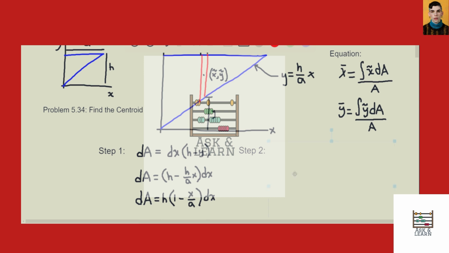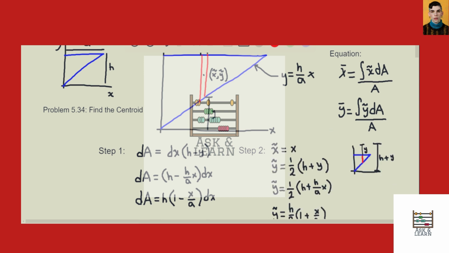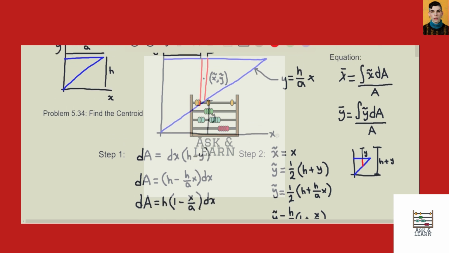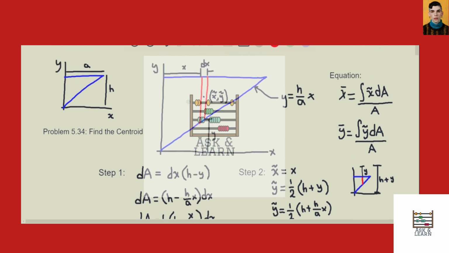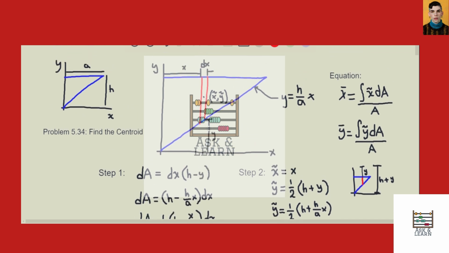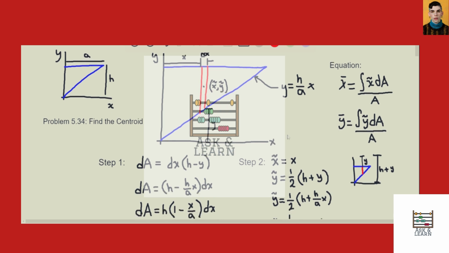Step 2 is solving for x tilde and y tilde. X tilde is just going to be equal to x. See here? It's just x. Y tilde is a bit more complicated because here's y, but y tilde is up here. So how did I solve for that?